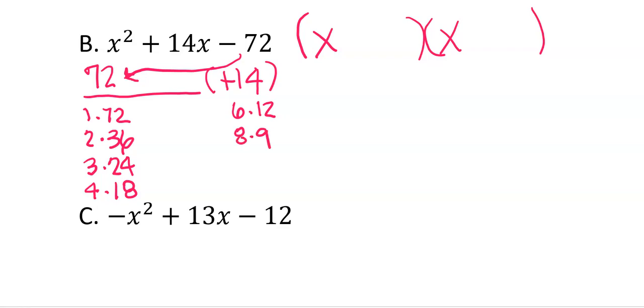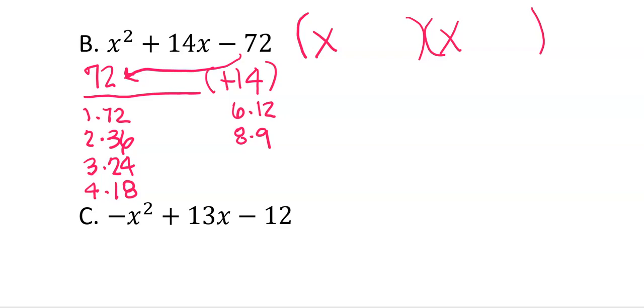Thank you. When you get to the numbers that are right next to each other, you're probably done if you started at the beginning. Usually it's the numbers that are right next to each other, not always. When I add those together, 8 plus 9 is 17. That's not what we're looking for. But with this one we have a negative number, and it has to add up to a positive number.